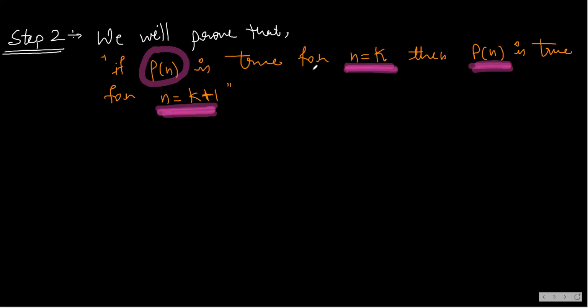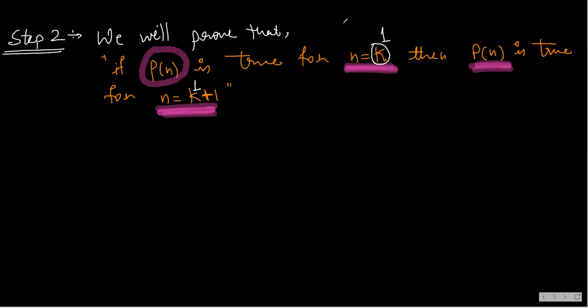And under this assumption, you will prove that P of n is true for n equals k plus 1. Once you are done with it, you will use the method of induction. You will replace k by 1, so it becomes: if P of n is true for n equals 1, then P of n is true for n equals 1 plus 1, that is, it will become true for 2.